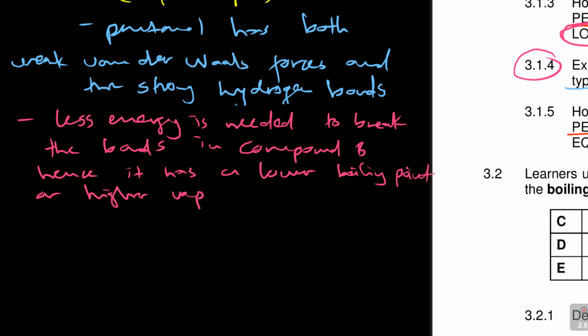Just to show that you know that boiling point and vapor pressure are inverse. The lower the boiling point, the higher the vapor pressure. Alright, that's it. You see, nothing changed here.